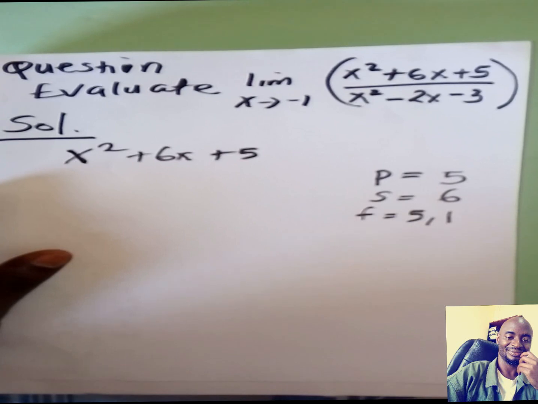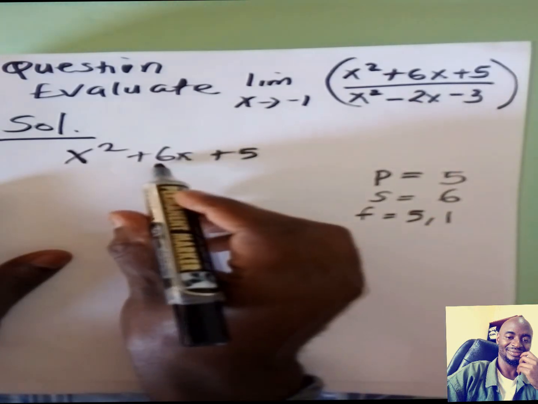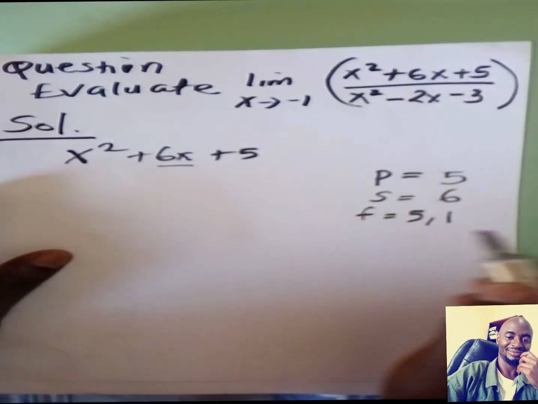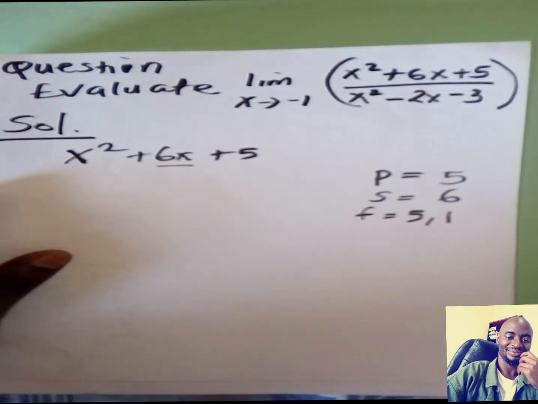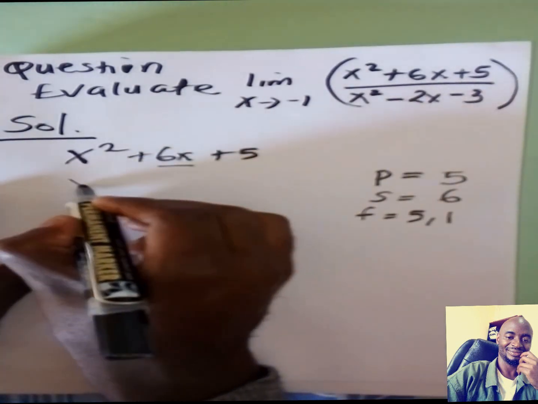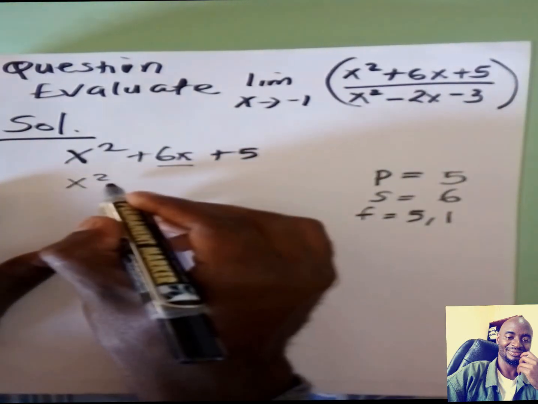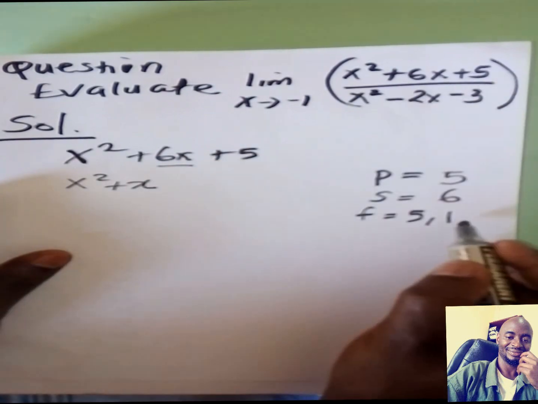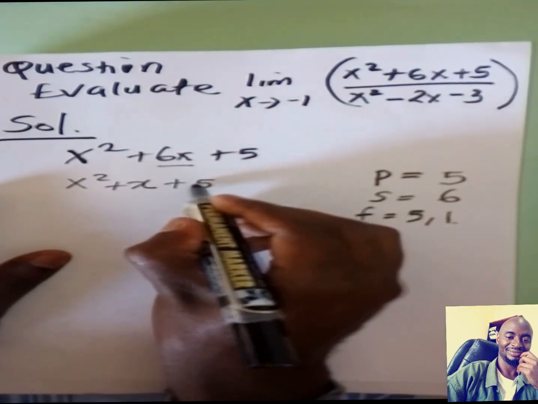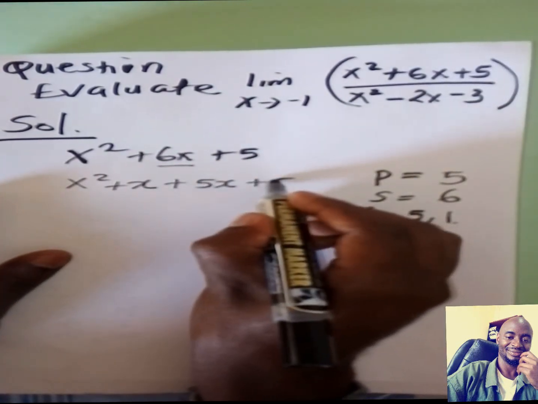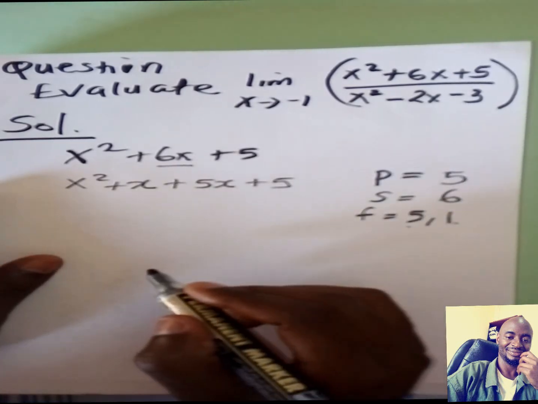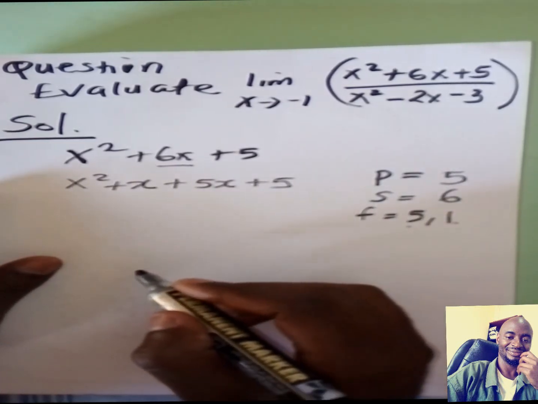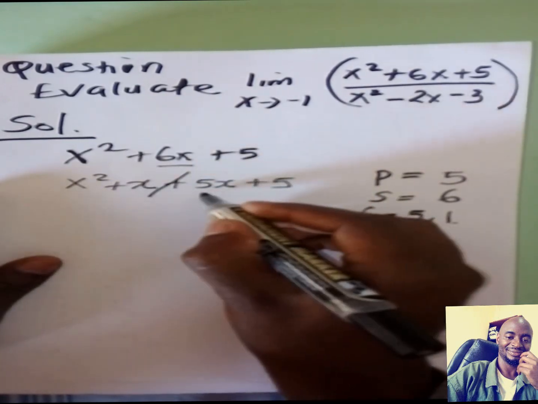Now you attach x to these factors and replace them. So this will be x squared plus x plus 5x plus 5. At this point I have to factorize by grouping. I'll group these two, and I'll also group these two.